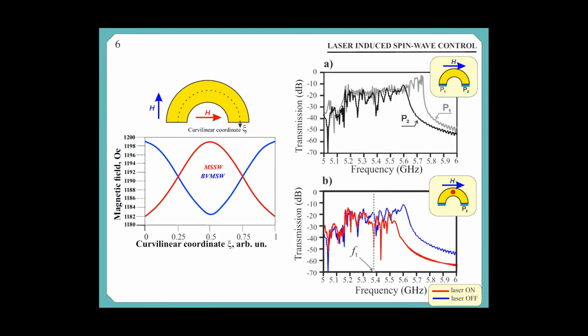It can be seen that at certain frequencies, the passage in output antenna P2 is downgraded.